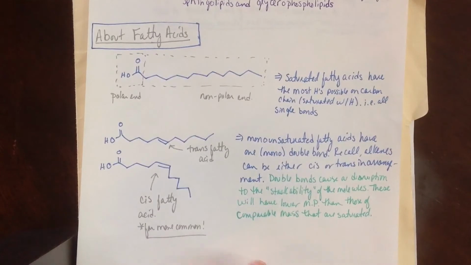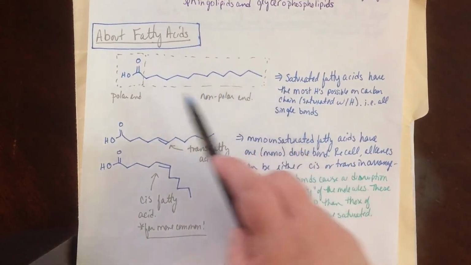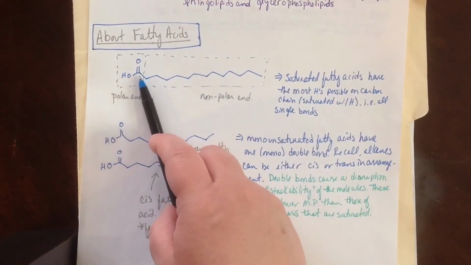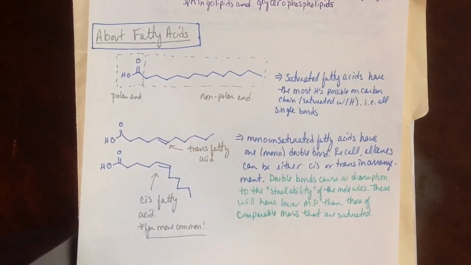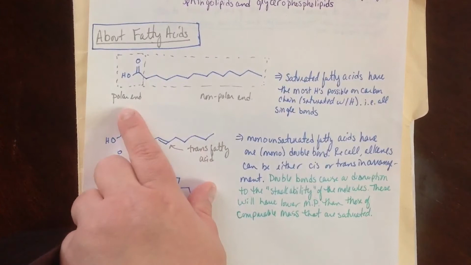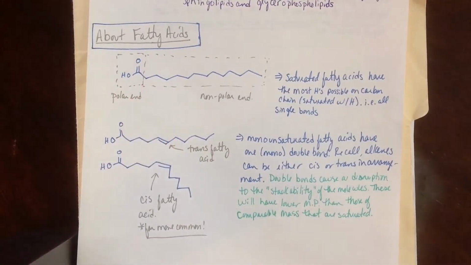Okay, so let's start with the basics of fatty acids. Go ahead and roll that up there. There we go. So a fatty acid chain has a long tail, and up here we see a carboxylic acid. So see how that's COOH? Well, that carboxylic acid is going to be relatively polar. Remember, it can hydrogen bond. Some people even say twice. So it's really polar. So we refer to this part as the polar end of a fatty acid.